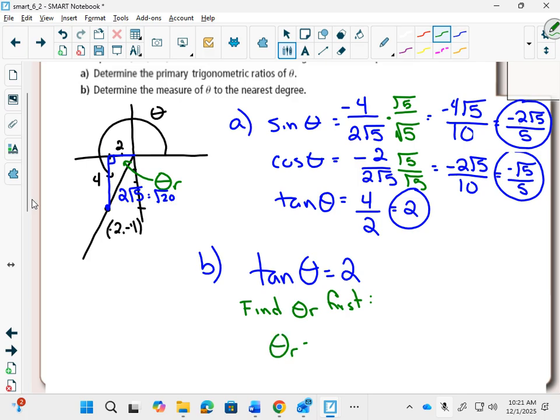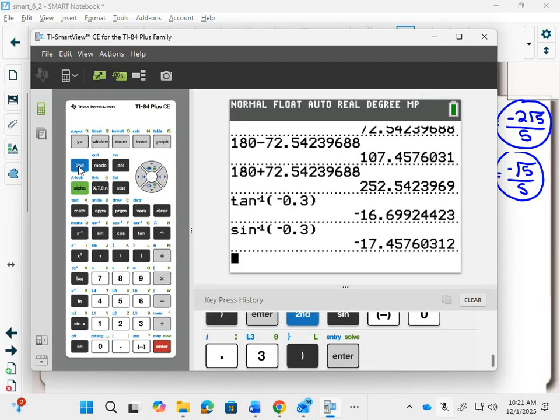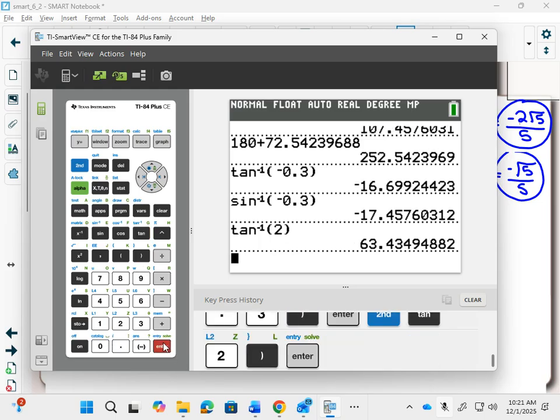My reference angle is what's going to happen if I do tan inverse of 2. I go to my calculator to find out what that is. 63.435.